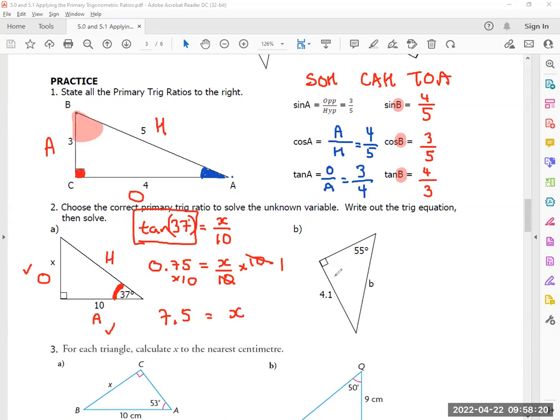If you did it correctly, the furthest side from the square is my hypotenuse. The side furthest away from the angle of interest is my opposite. And the last section that I didn't touch yet is my adjacent.